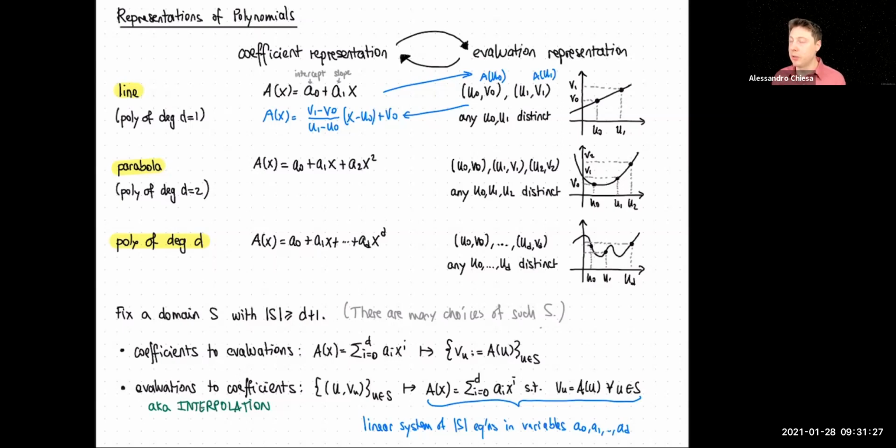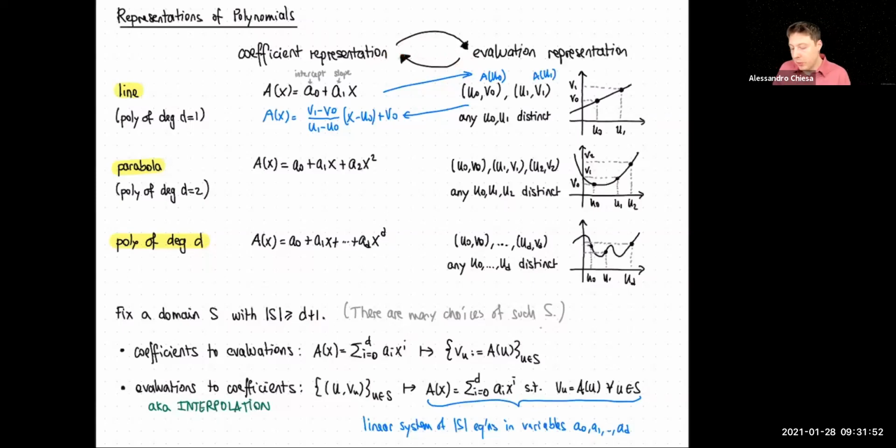So there's a question about whether S is too big. No, S can never be too big. I mean, obviously we want S to be at least d+1 and not much larger than d+1. But if it's too big, it's just going to make our algorithm slow. But it's not going to cause any problems in the correspondence. For any S for which this is the case, you can go back and forth.